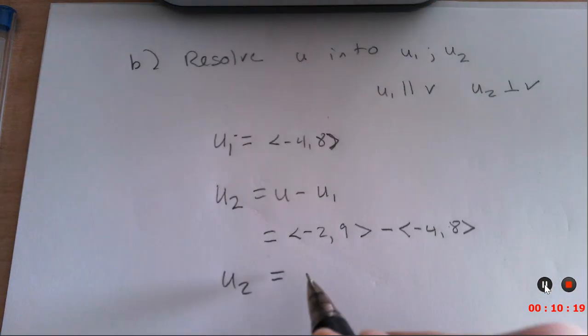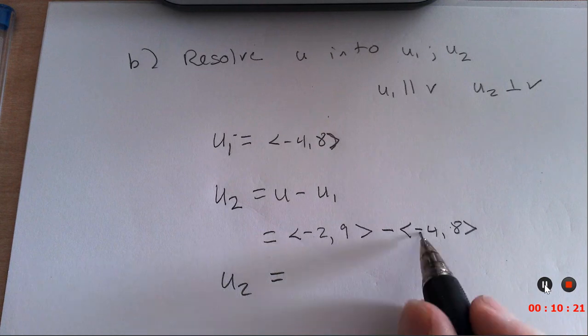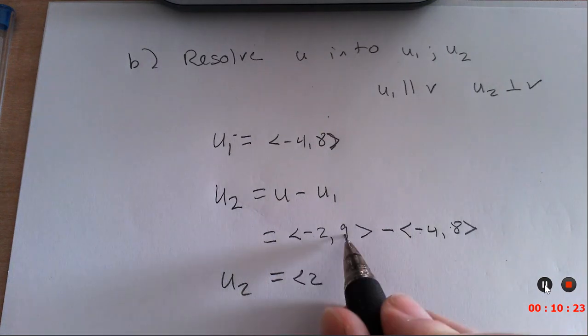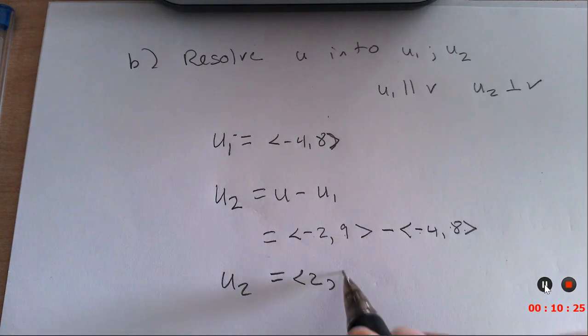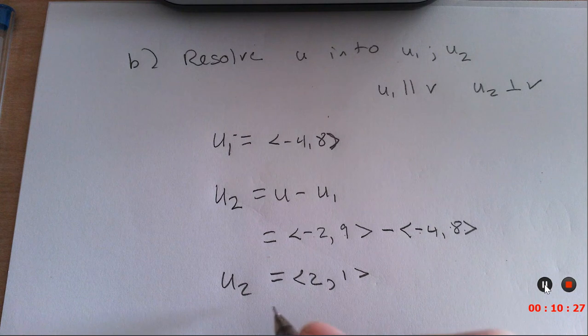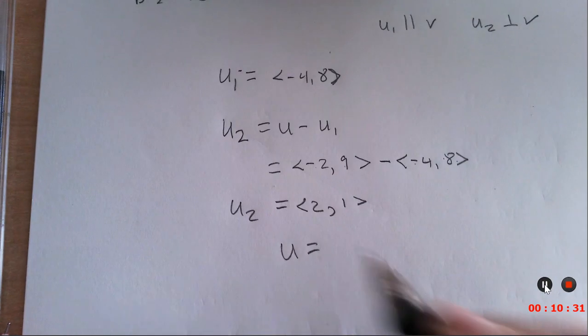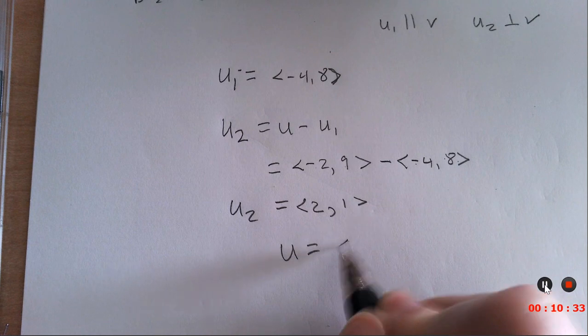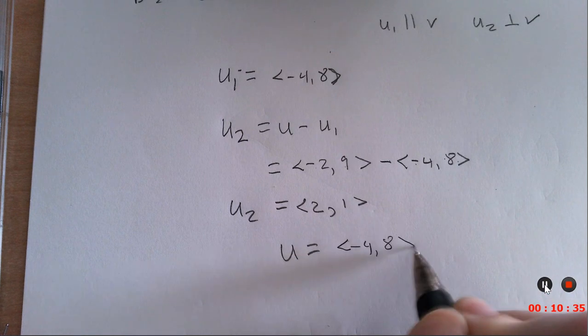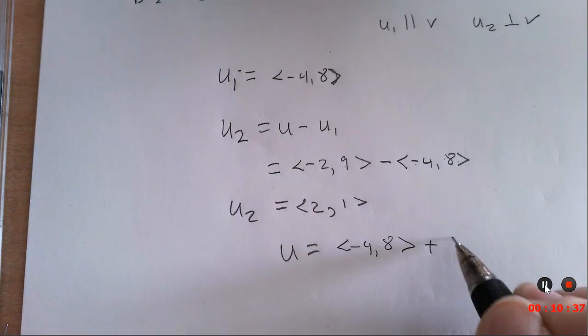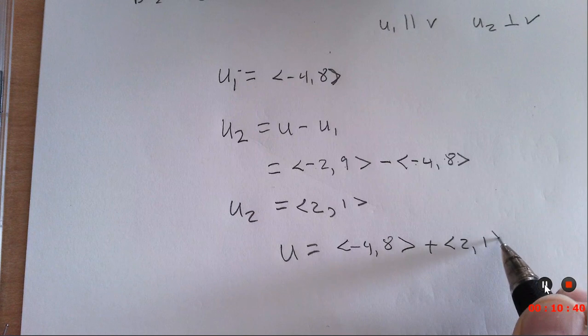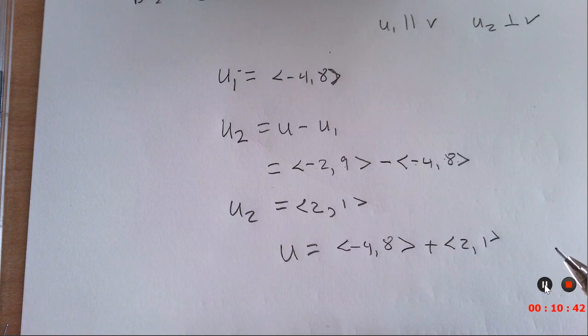So we find out that u sub 2, negative 2 minus negative 4, so that's 2. 9 minus 8, so that's 1. So my vectors, we have them, but let's write this out. So vector u is u sub 1, which is negative 4, 8, plus u sub 2, which is 2, 1.